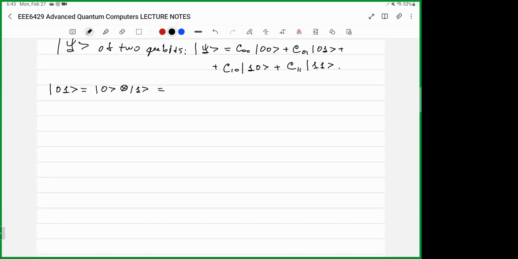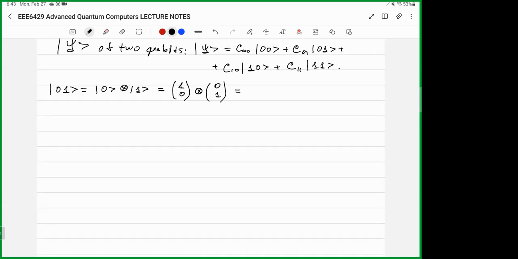How do I find this? It is vector 1, 0 for the first qubit, and then tensor product with 0, 1 for the second qubit.